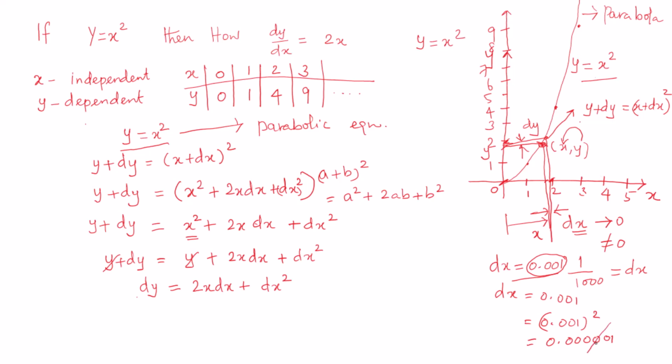So this amount can be neglected. So dx square will be neglected. So dx tends to 0 under this condition. This is called a limit, limit dx tends to 0. 0 means a very small amount. Under this condition, the dx square term will be neglected.